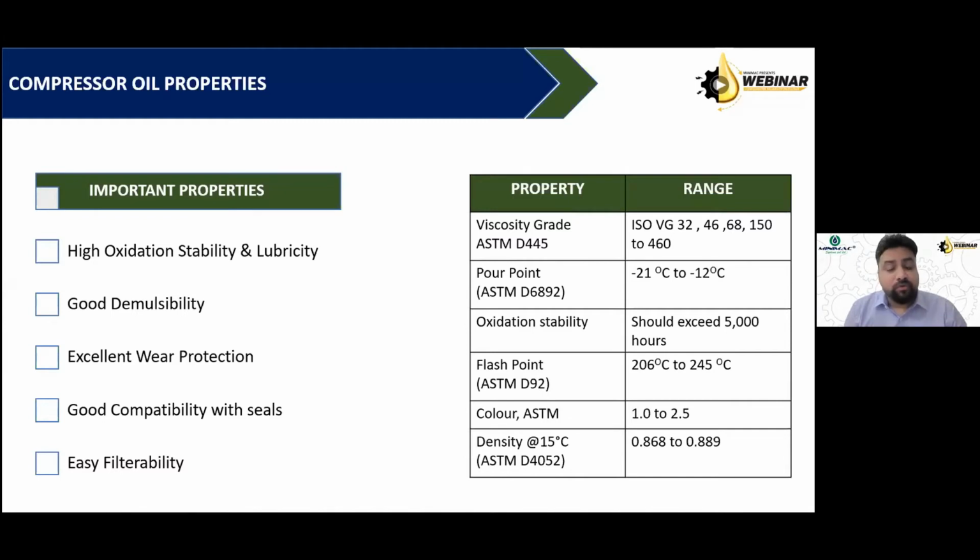It's mostly more than 200. The reason is the in-service temperature variation. While these lubricants are used in compressors, the temperature variation is extremely high as compared to other applications of lubricants. And that's the reason why the pour point and flash point range is quite large and broader.